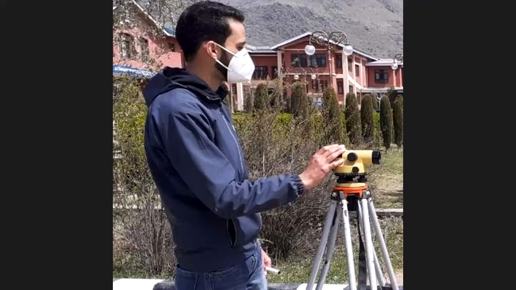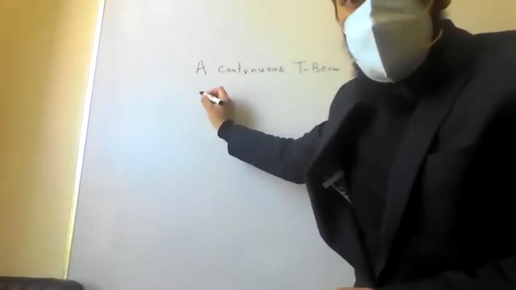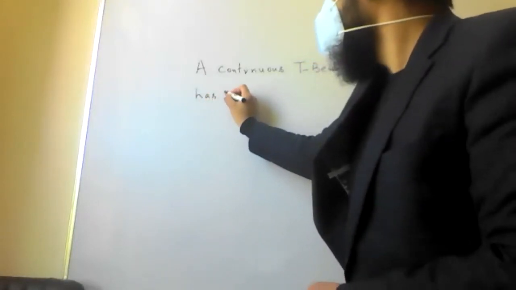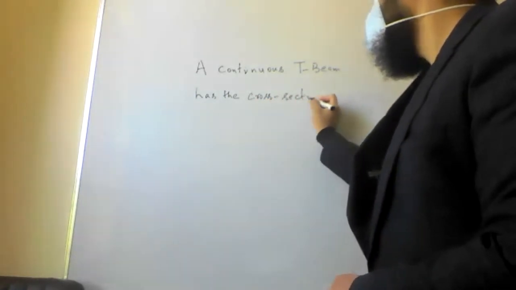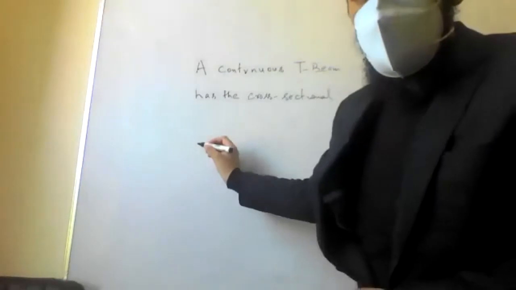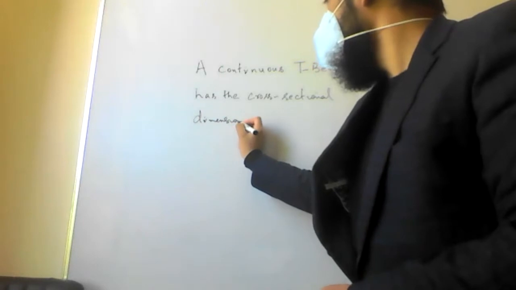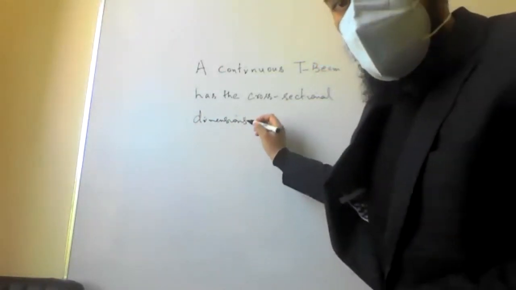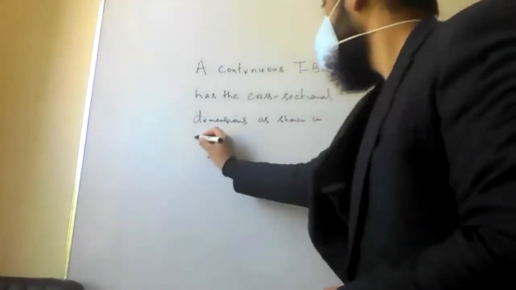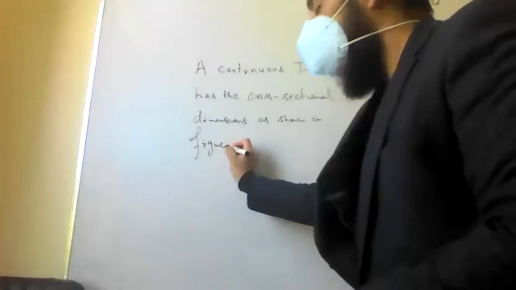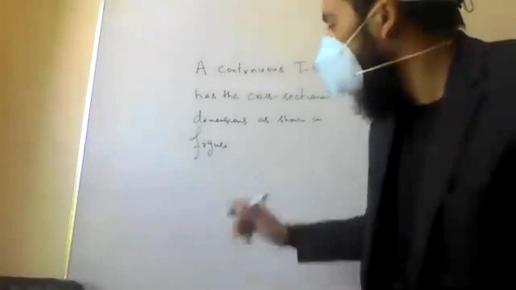A continuous T beam has the cross-sectional dimensions as shown in the figure. Right? So then it's given, then you have the figure.